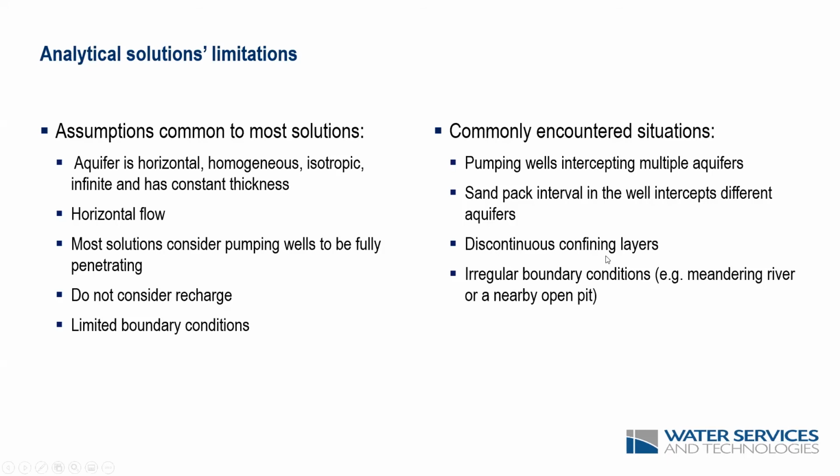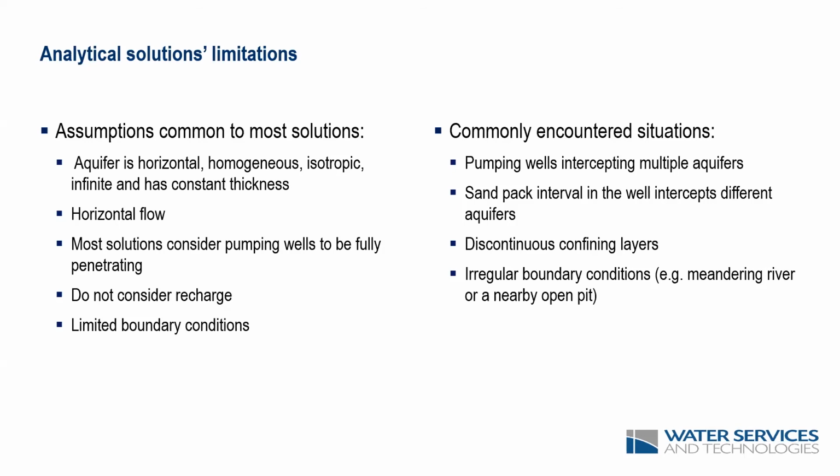Confining layers which are not continuous laterally, and also irregular boundary conditions such as meandering rivers, or in a mining context, for instance, an open pit near the area of the test. So how do we deal with these situations, which are not necessarily less than ideal, because that's the standard, but more complex situations?